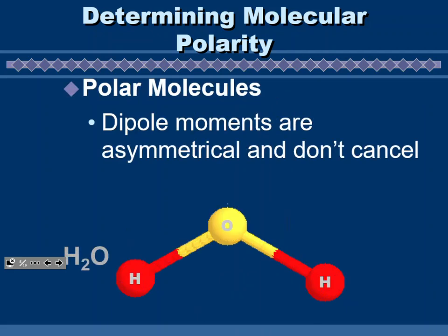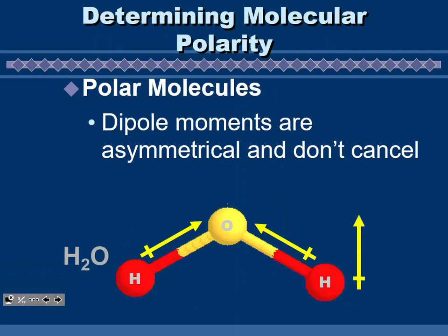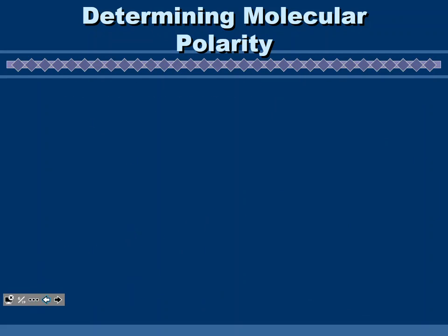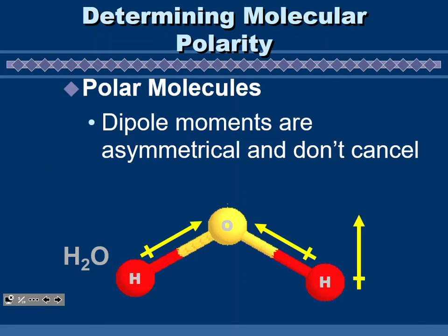Polar molecules' dipole moments are asymmetrical and don't cancel out. In the instance of water here, the dipole moments are going to point towards the oxygen, the more electronegative element. So this side of the molecule by the oxygen is the partial negative, and the hydrogen sides are going to be partially positive.